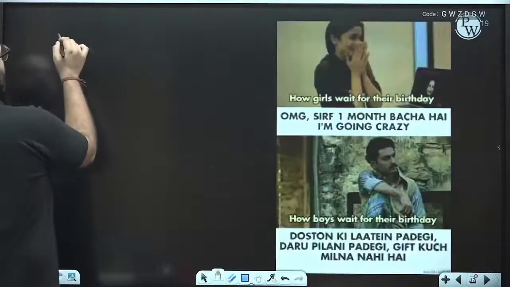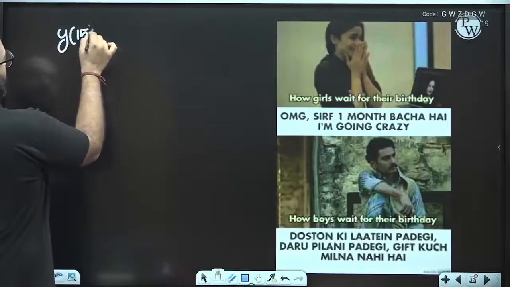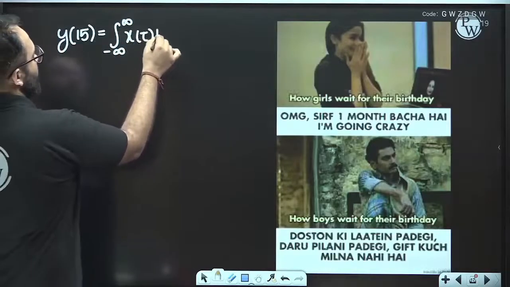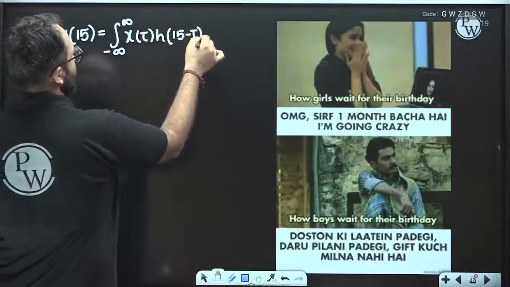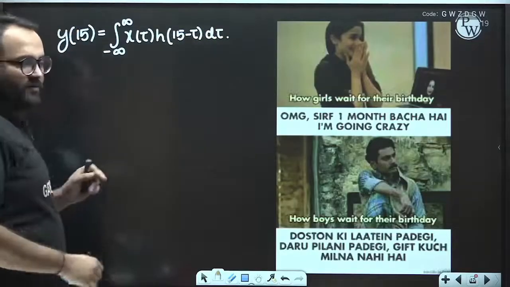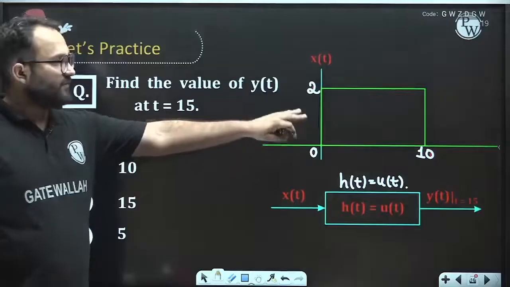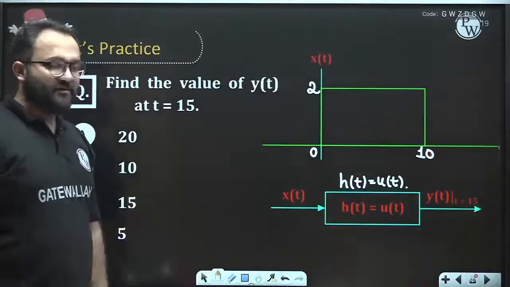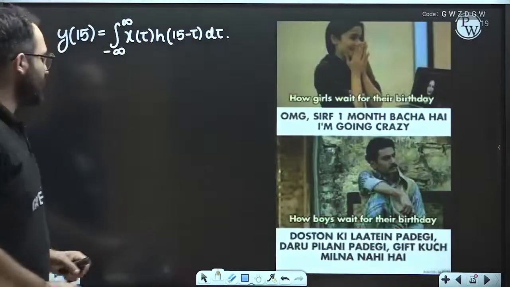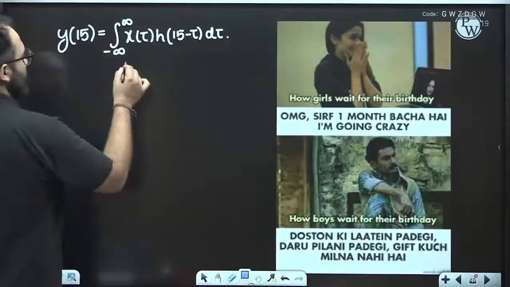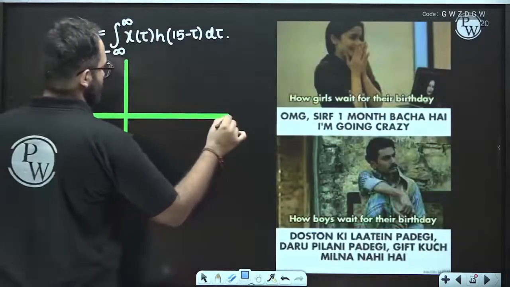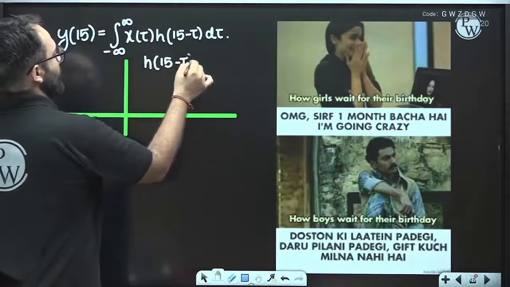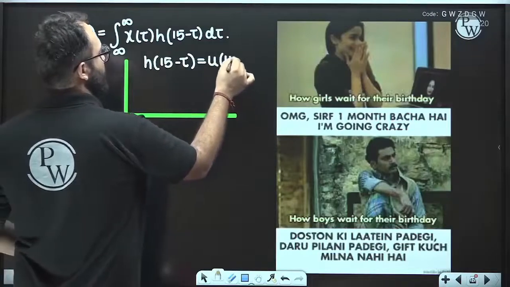So y15 is equal to the integral from minus infinity to infinity of x tau h of 15 minus tau d tau. First of all, x tau will remain the same, a rectangle from 0 to 10, height 2. We have to find h of 15 minus tau, which is u of 15 minus tau.